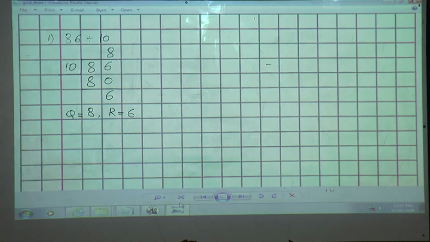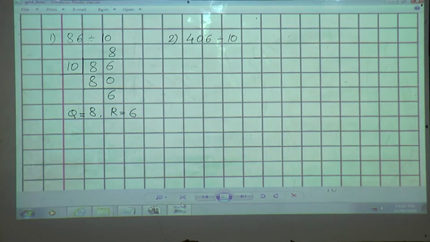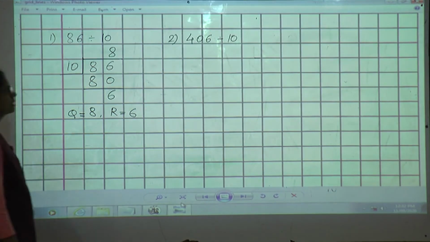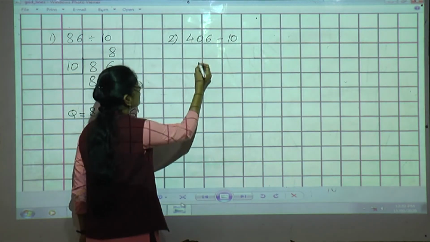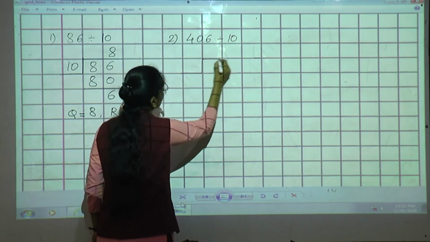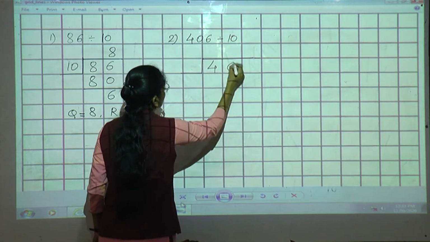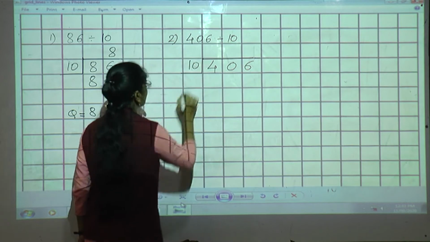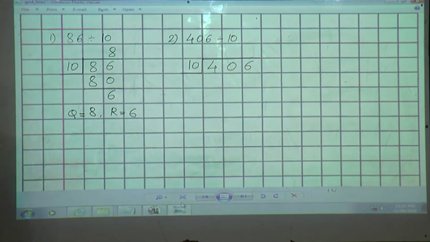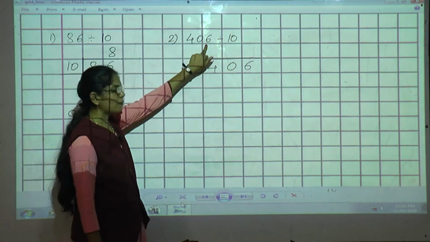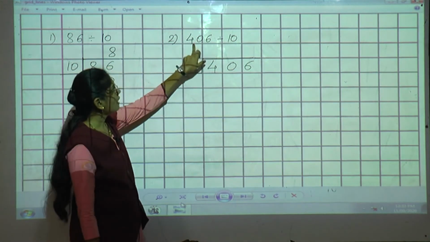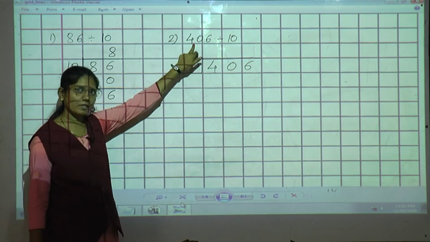Next, the second example, 406 divided by 10. Look at the board here. After solving we should get the remainder 6 and the quotient should be 40.